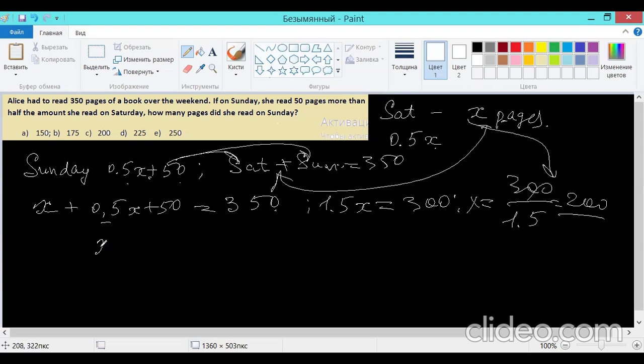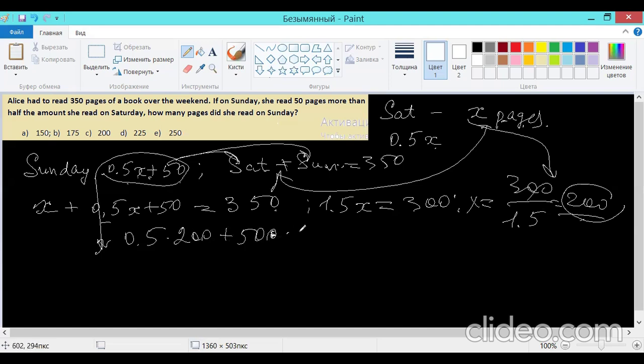So how many pages did she read on Sunday? So now we know that she read 200 pages on Saturday. On Sunday, this is the mathematical expression: 0.5 times, instead of x, we plug in 200, plus 50, right?